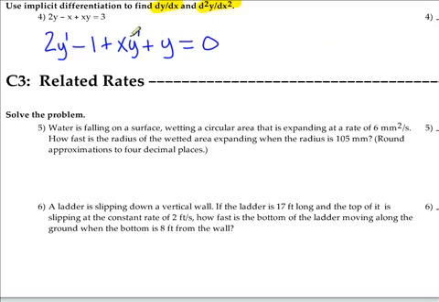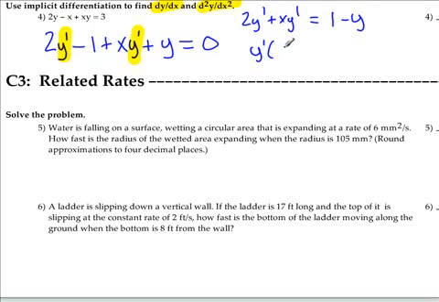Now in order to get this completed, I need to isolate this y prime term. So I'm going to keep the 2y prime and xy prime on the left and move everything else to the right. So if I add the 1 to the right, I'll have a 1. Subtract the y from both sides, I'll have a minus y. If I factor the left, I've got y prime times the quantity.